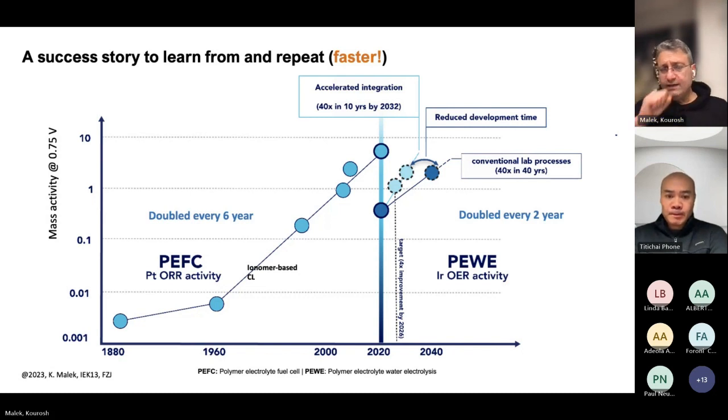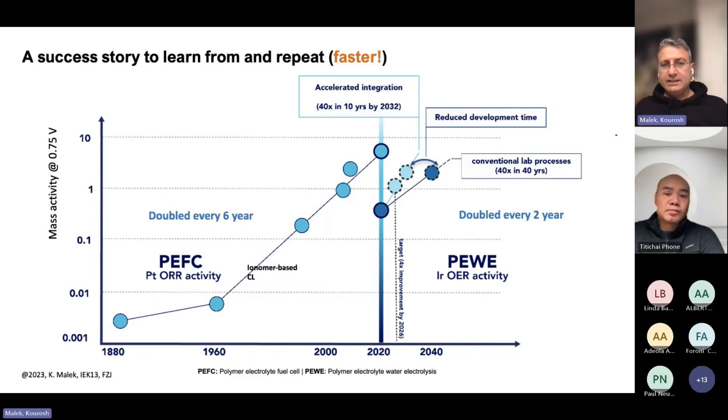So if you look at the same sort of exponential growth of the catalyst activity for the water electrolysis, assuming it goes at the same rate, the time that we're going to get to that level of activity lies around 2040, 2050. And that's where the acceleration concept is coming from.